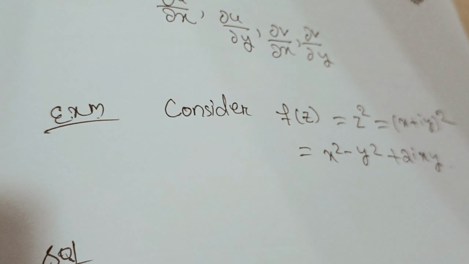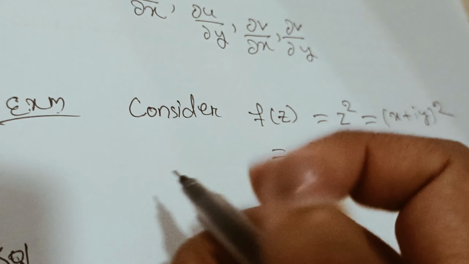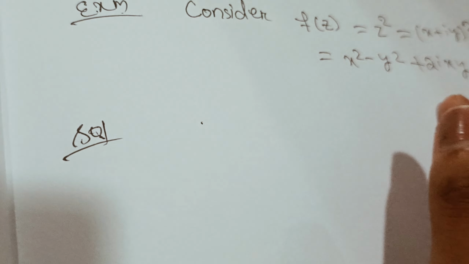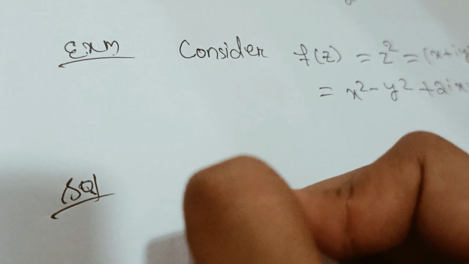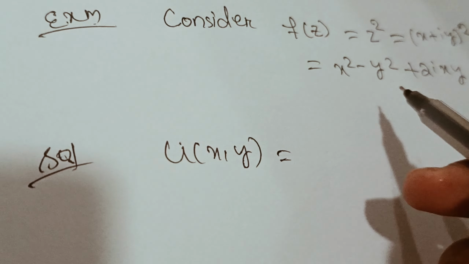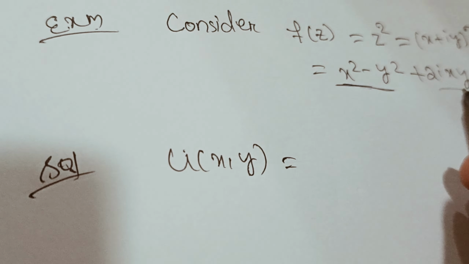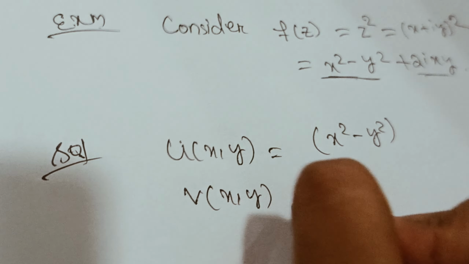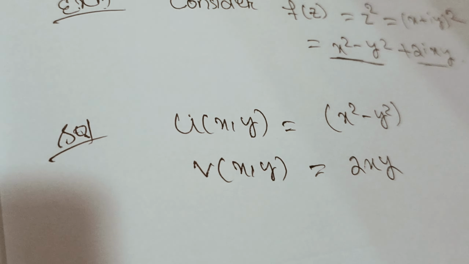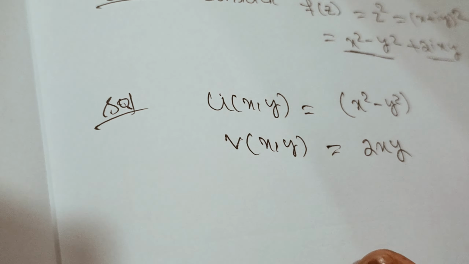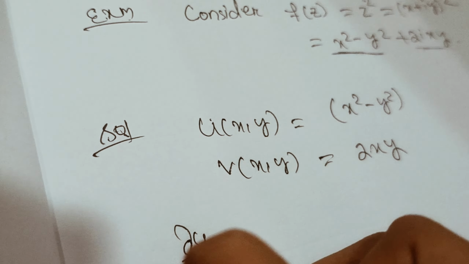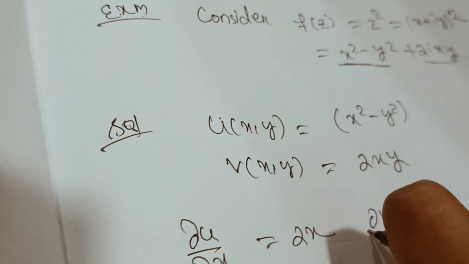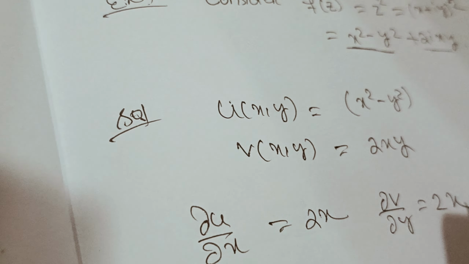Solution. Let's check the CR equations first. Consider the function f of z equals (x plus iy) whole squared. So u of x, y is the u part, x squared minus y squared, and v of x, y is 2xy. Let's check if the CR equations are satisfied or not. Del u by del x equals 2x and del v by del y equals 2x.